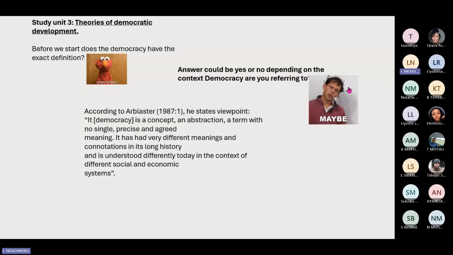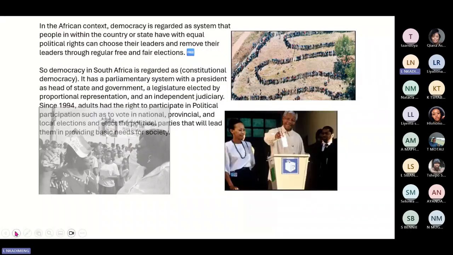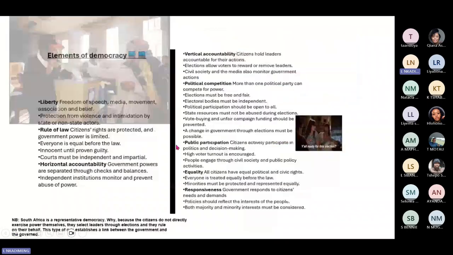Let me just go to the slide. I think it was the elements of democracy, on equality: all citizens have equal political and civil rights. No, I was saying on responsiveness, government response to citizens' needs and wants.